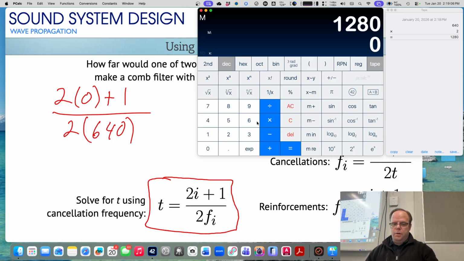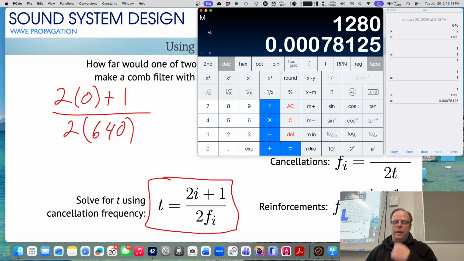So 1 divided by 1280 is 0.00078125. Okay, so that's t.